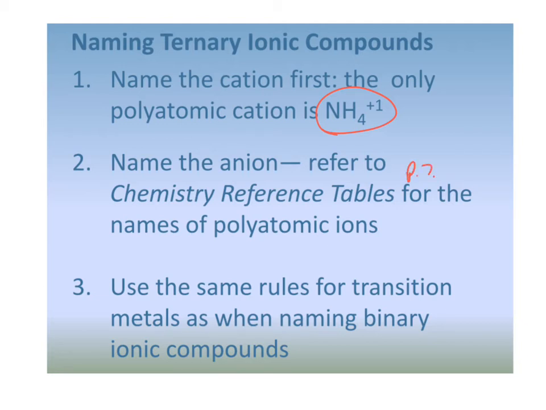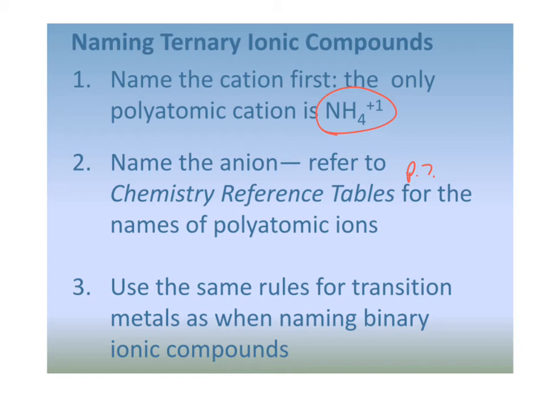Page 7. If it is a single element anion like chlorine or fluorine or oxygen, you do use the -ide ending. So you can have something like ammonium chloride, ammonium fluoride.